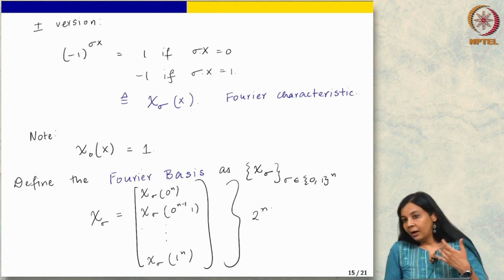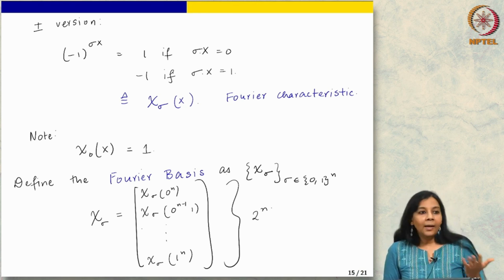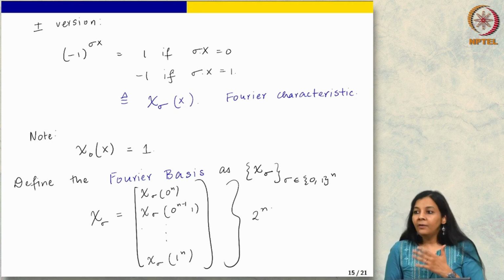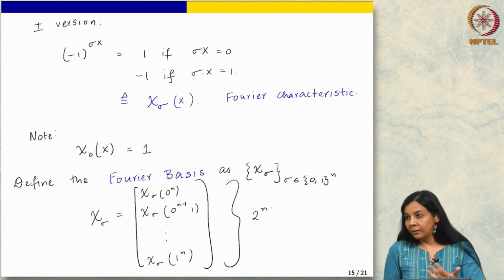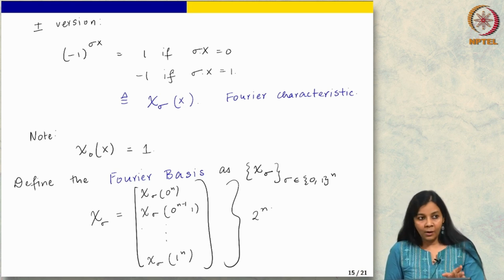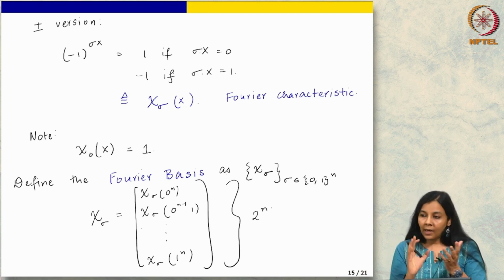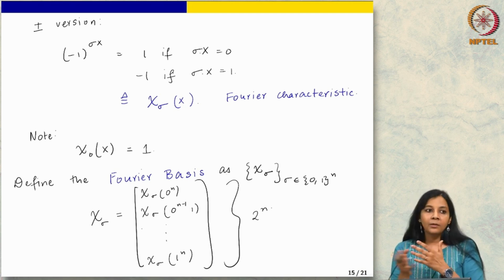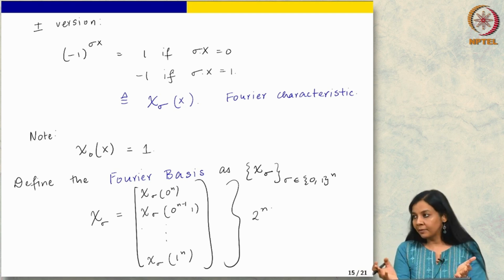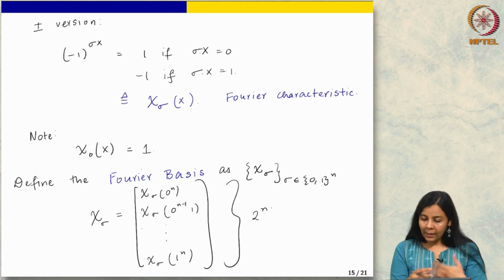If I prove that, then I can say that any function can equivalently be written using this basis, and the coefficients, the Fourier coefficients, we will have to figure out how to compute them. But then we will see that essentially the Hadamard transform was just changing the function representation to the Fourier basis. We'll come back to that.